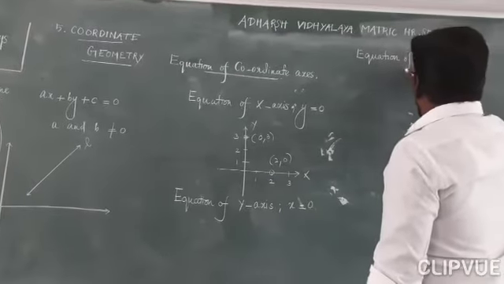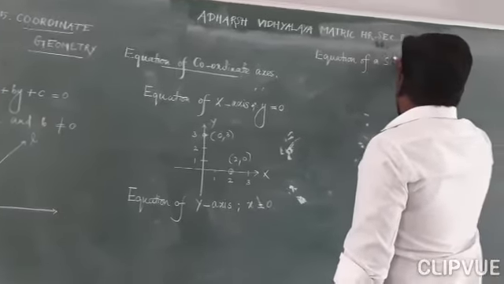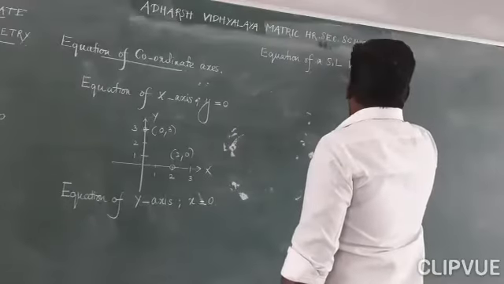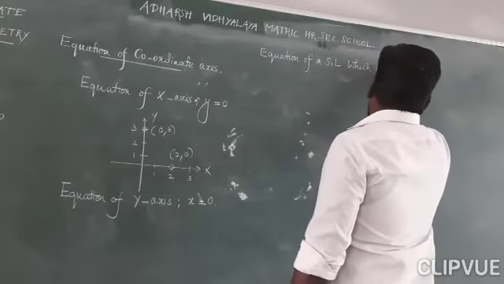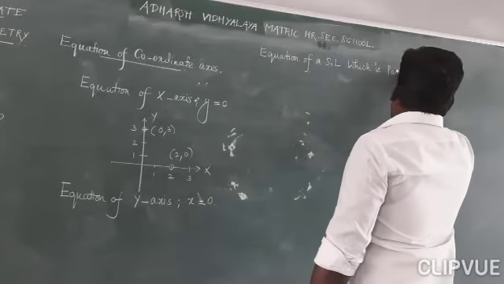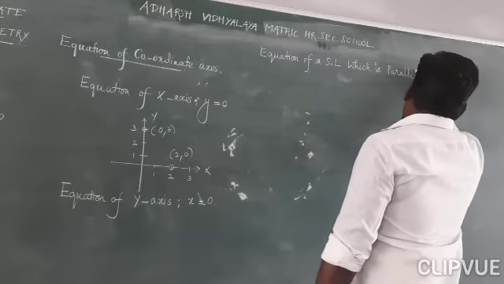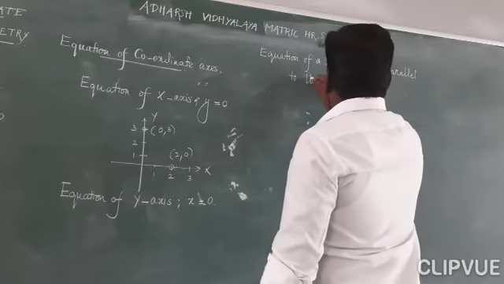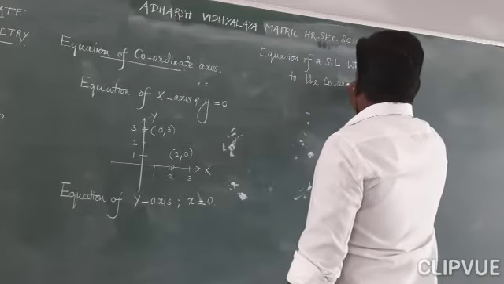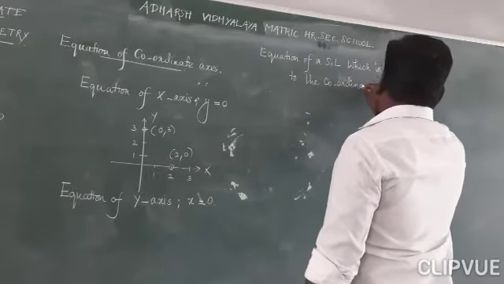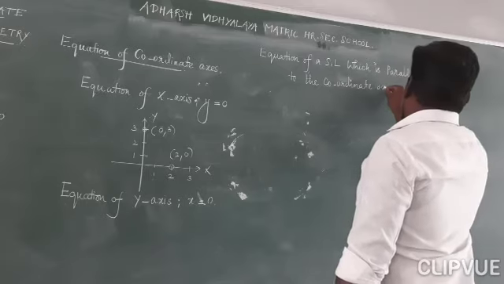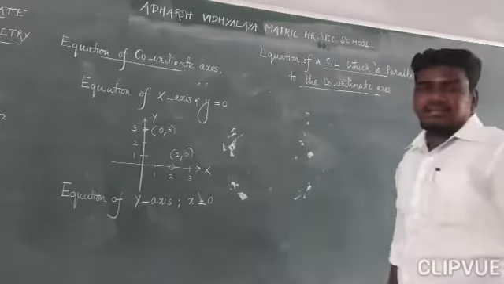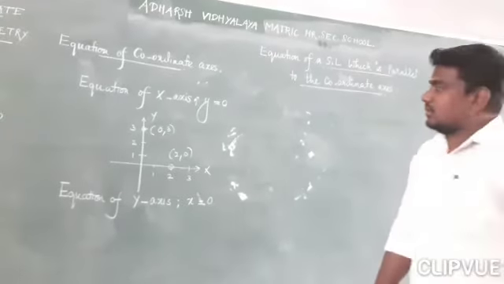The equation of a straight line which is parallel to the coordinate axis. Coordinate axis in the sense x and y axis. Okay.